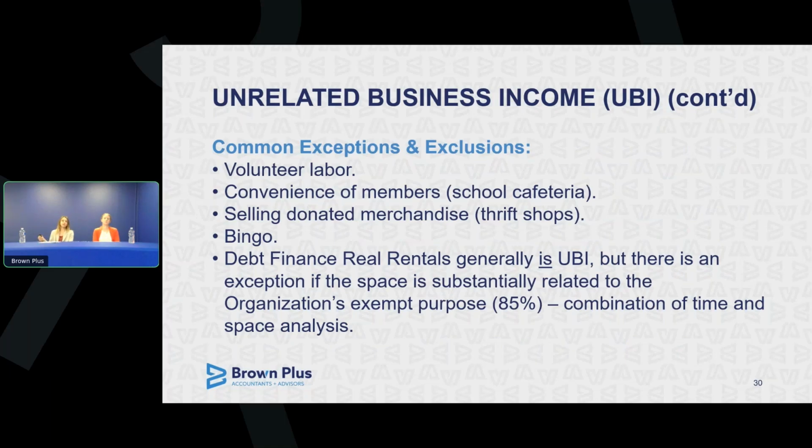So even if it fits all the requirements on the previous slide, it is not considered UBI because it was performed by volunteers. If something is provided for the convenience of members, think of a school cafeteria, that is specifically excluded, even though that would certainly meet all the requirements on the previous slide.